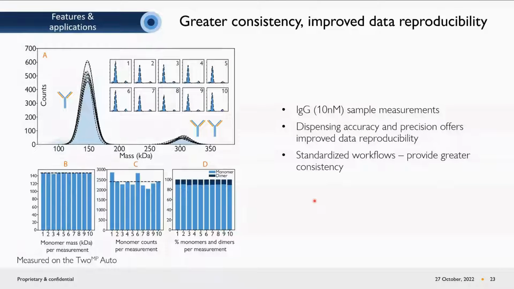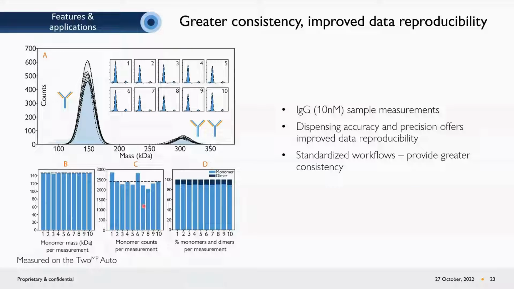So here we measured IgG. You see this is the 150 kilodalton, the typical monoclonal antibody weight. We see a monomer and a dimer. And what you see here is the overlay of 10 different experiments that were run in one go on the robot. And you can appreciate that they are very much overlapping. A further analysis down here shows the mass is very consistent of the main peak across the experiment.